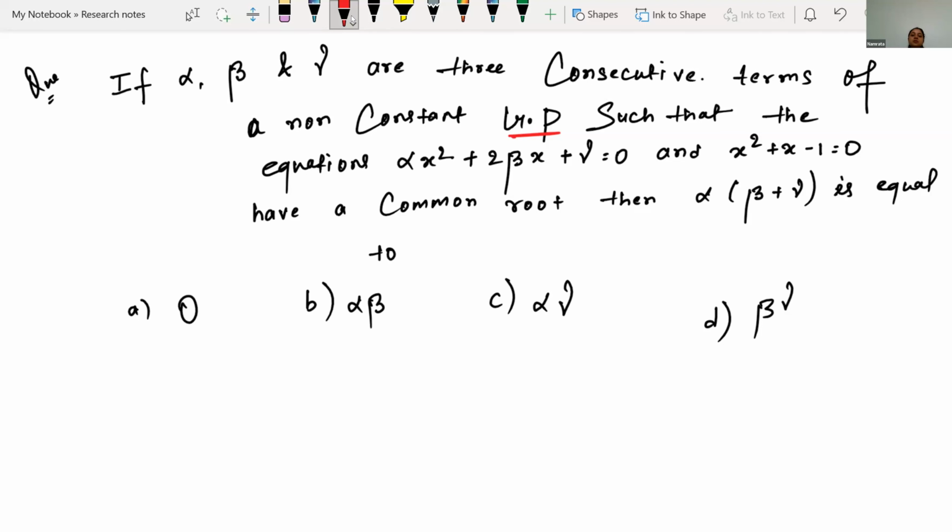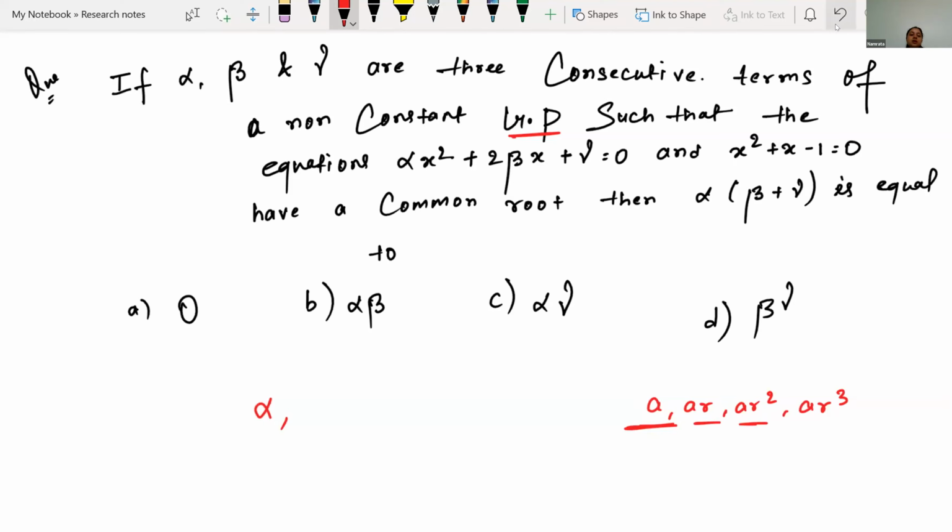Yes. So basically the geometric progression looks like a, ar, ar square, ar cube. This is the general form of geometric progression, right? Yes, ma'am. Okay. So here it says the roots alpha, beta, gamma are three consecutive terms, that is first, second, third, of a geometric progression. So we can take alpha as alpha only.